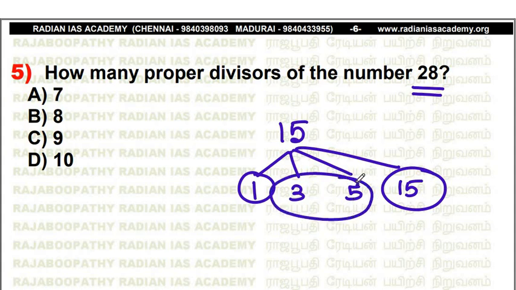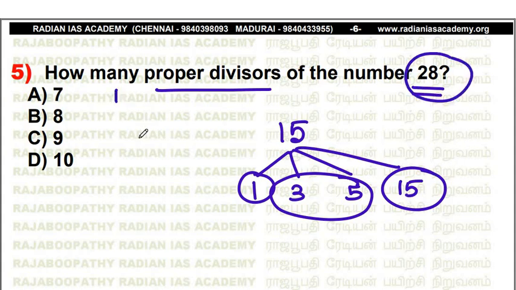For every number other than 1, there are exactly 2 improper divisors, 1 and the number itself. So now we ask, how many proper divisors for 28?